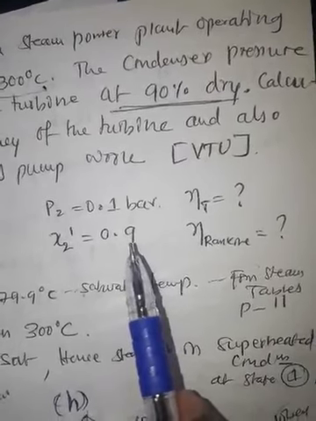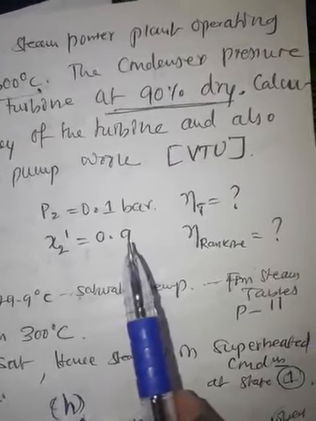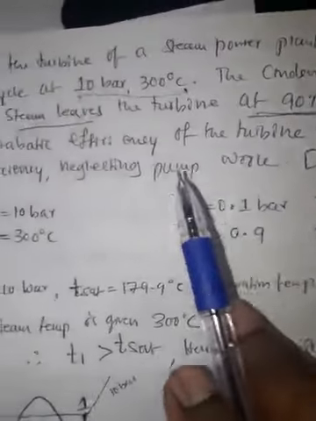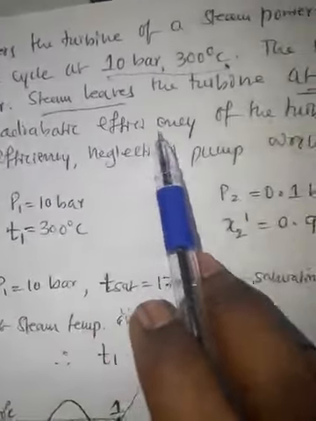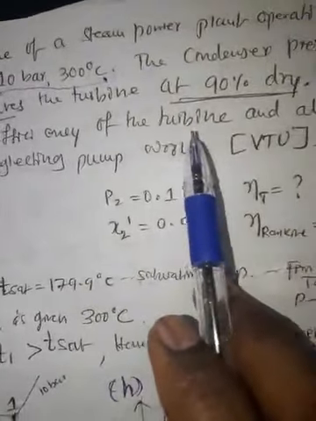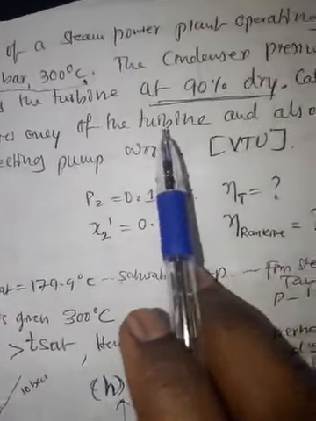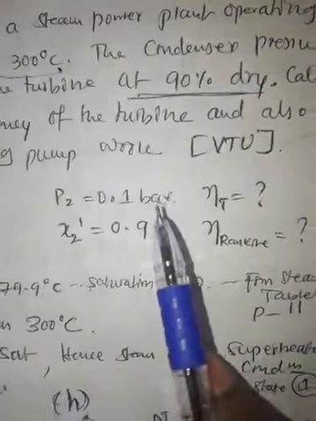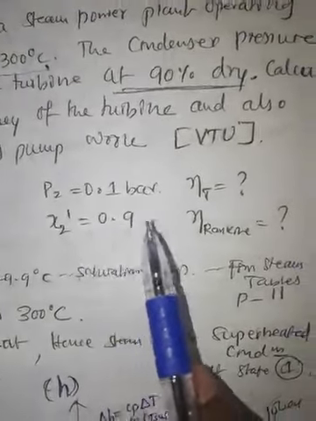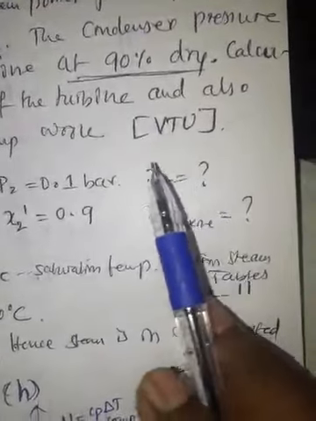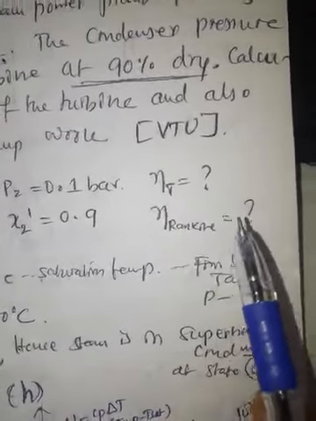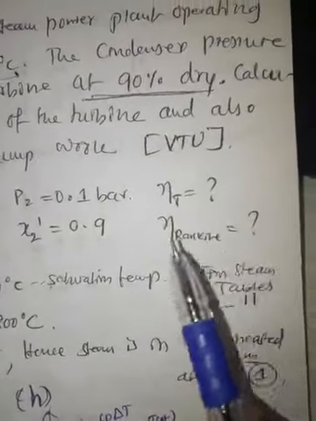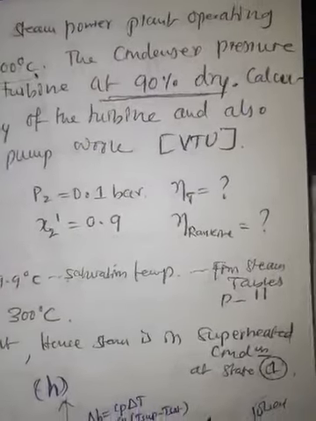How do you decide this is an actual vapor power cycle? Because he has asked you to calculate the adiabatic efficiency of the turbine, meaning the turbine does not have 100% efficiency. Hence this problem belongs to actual vapor power cycle. Then what do we need to calculate? We need to calculate the efficiency of the turbine and the efficiency of this Rankine cycle.